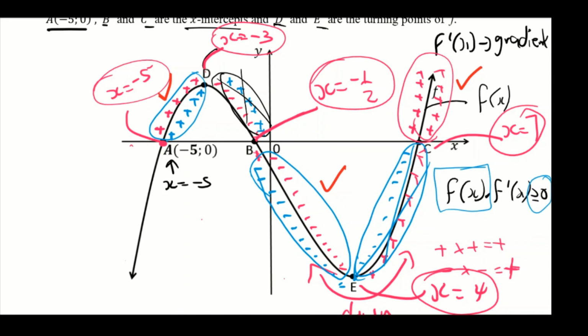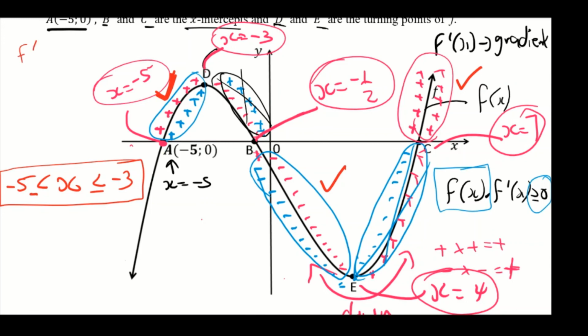Starting with this portion here where I ticked, we're going to say when x lies between -3 and -5, we are getting a situation where the gradient multiplied by f of x is greater or equal to 0. Right? So this portion here is correct.